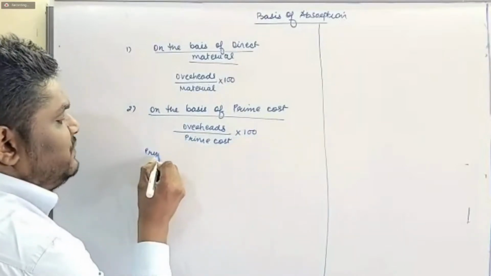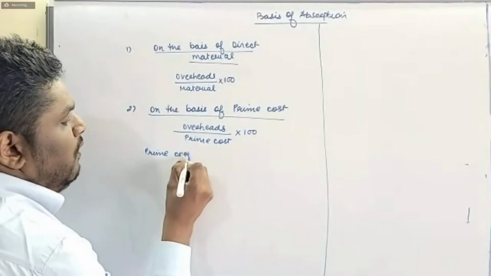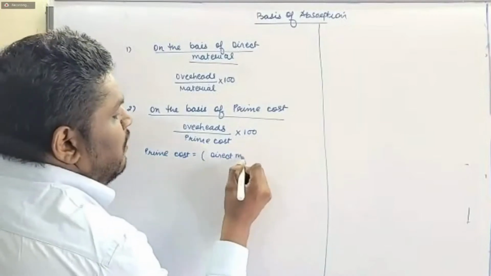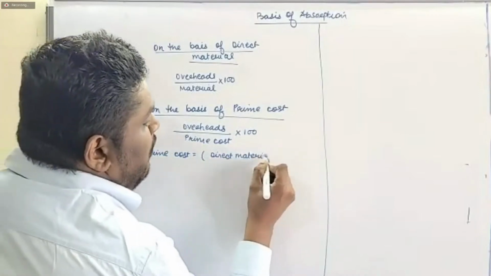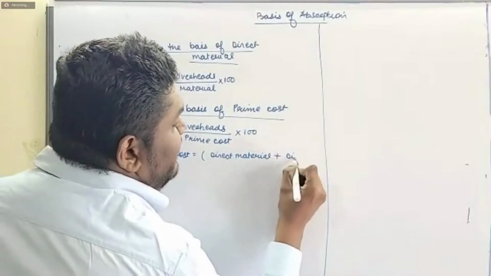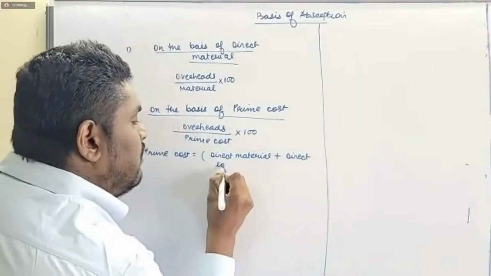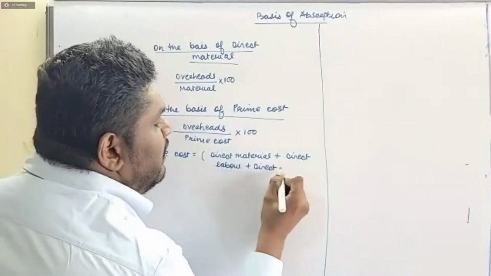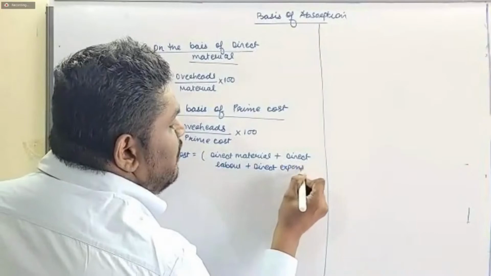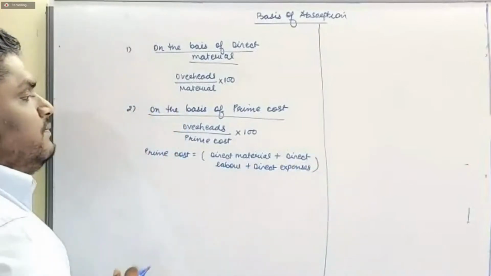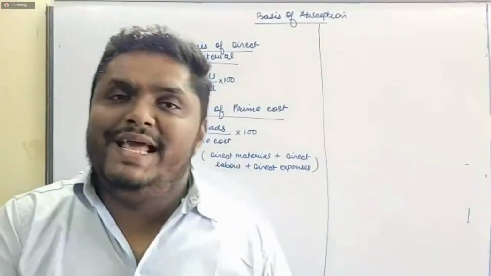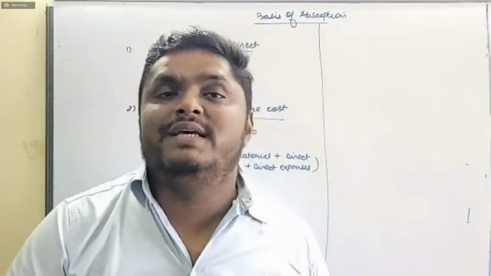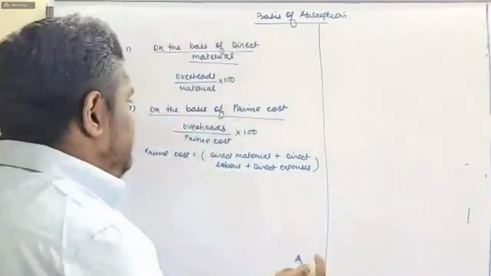What is prime cost? Very simple: direct material plus direct labor plus direct expenses. So just like material, it has to be calculated on a percentage basis, if the overheads are absorbed on the basis of prime cost.